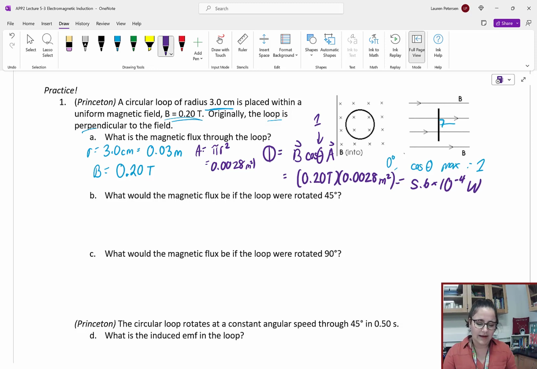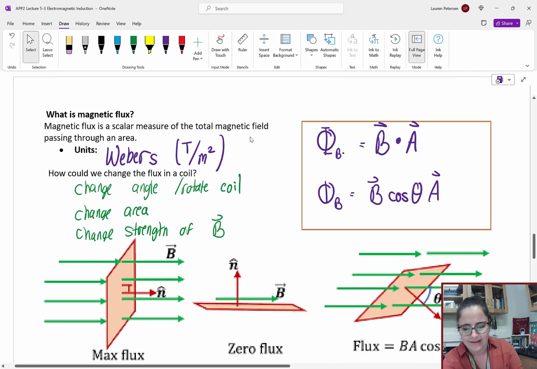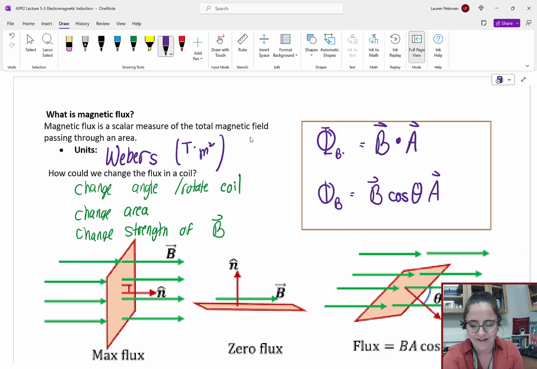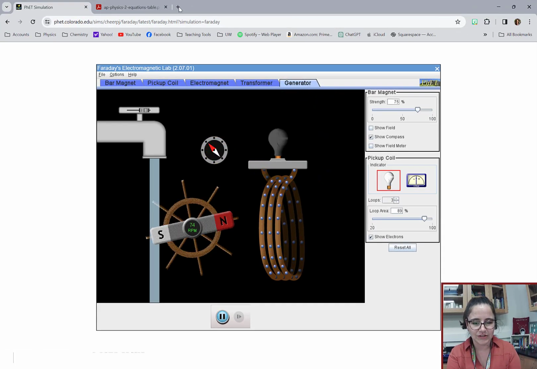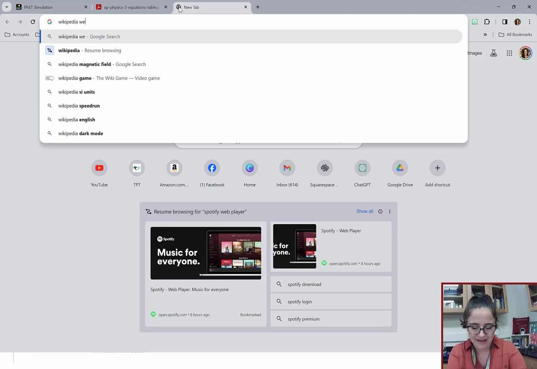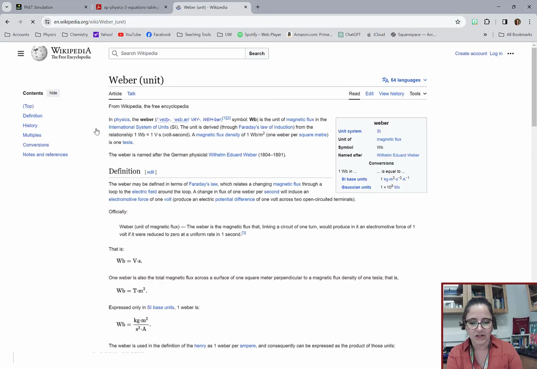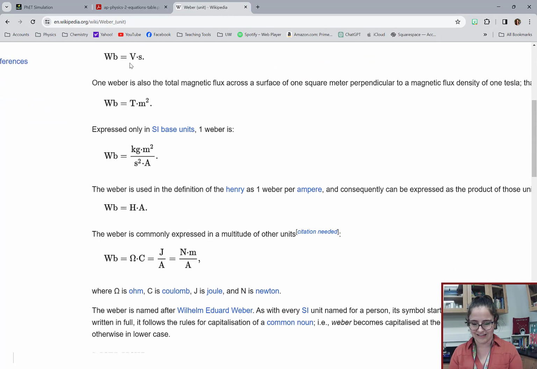Oh, and it looks like a Weber is Tesla meter squared, not Teslas per meter squared. Did I say that wrong up above? Yes. Okay, it's Tesla meter squared. And something that's kind of fun, if you're curious about derived units like that, is if you go to the Wikipedia page for the Weber unit, you get all of the other things that it is equal to.